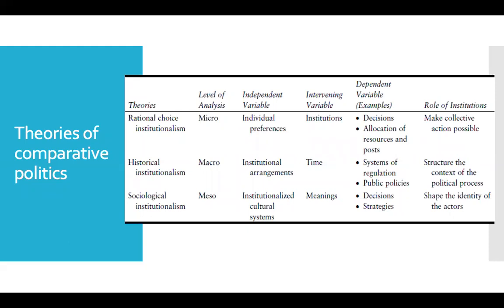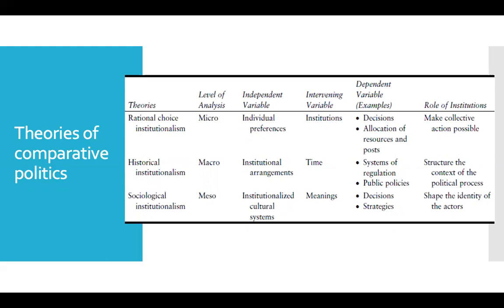Intervening variables are outside of that, the institutions. Dependent variables could be decisions, allocation of resources, and positions, and the role of institutions makes collective action and policy possible.